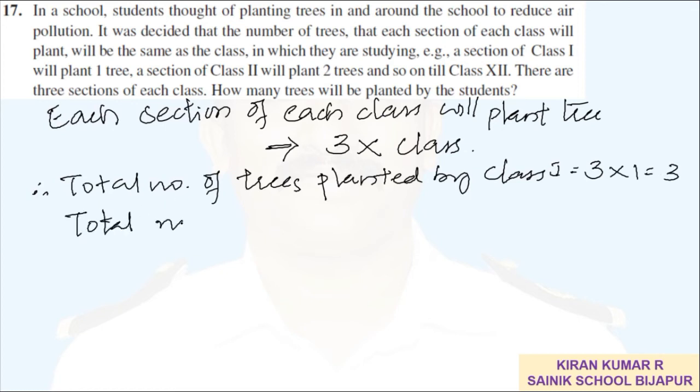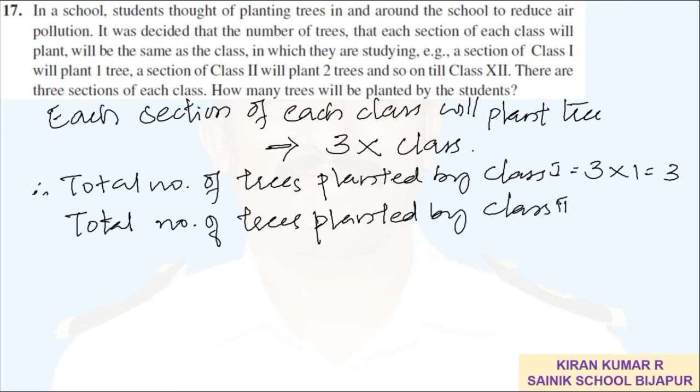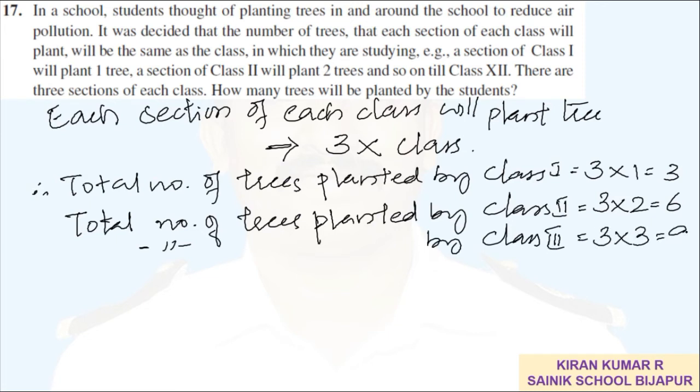Total number of trees planted by class 2 will be 3 multiplied by 2, because the second class will plant 2 per section, so 3 times 2 is 6. Similarly, by class 3, it will be 3 multiplied by 3, nothing but 9. Same way, if you continue further, class 12 will be planting 36 trees.